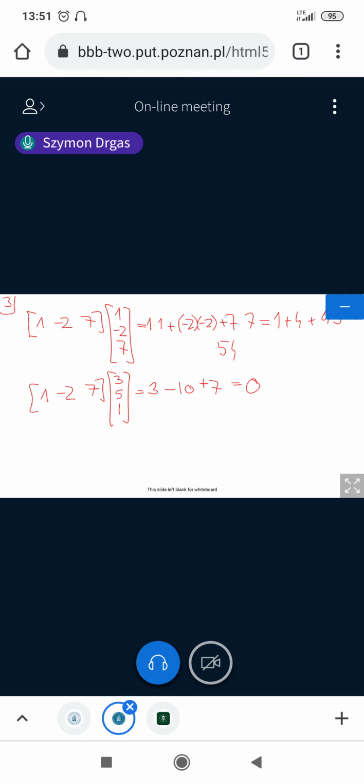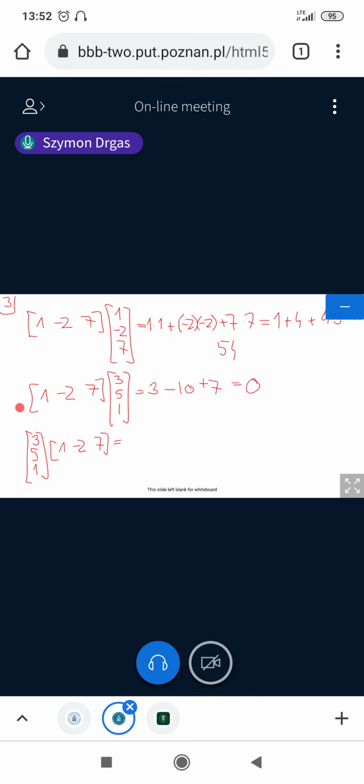And the last example is different because first we have a vertical vector multiplied by a horizontal vector, and I haven't provided you a definition of multiplication for this kind of vectors. Anyway, I will show you now how to multiply it.